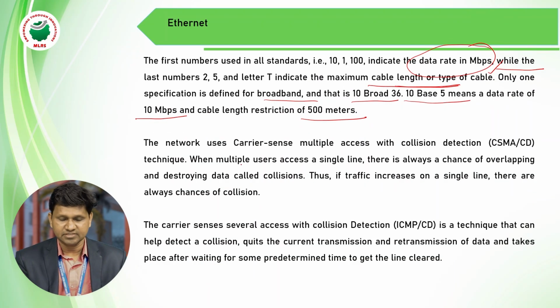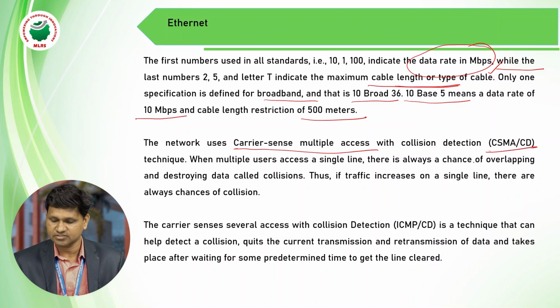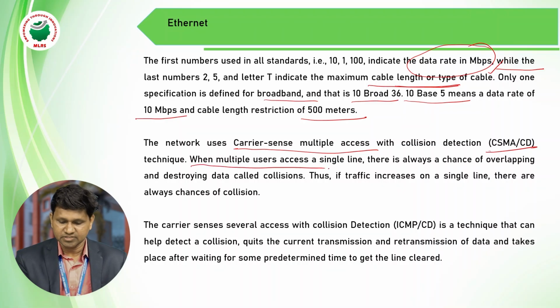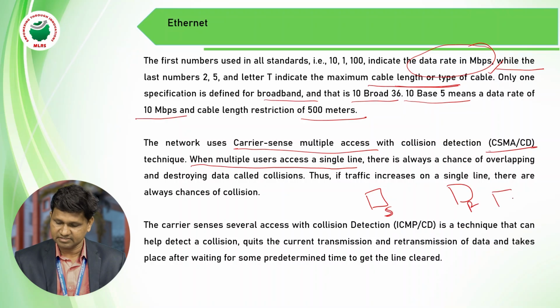The network uses carrier sense multiple access with collision detection, also called the CSMA/CD technique, for Ethernet. Suppose there is a source and a receiver, and I also add receiver 1 and receiver 2.